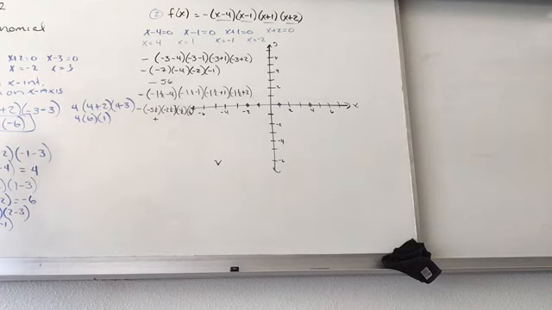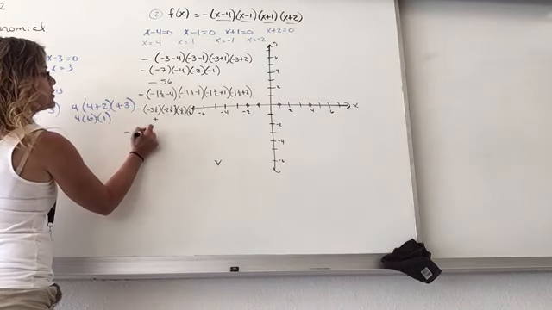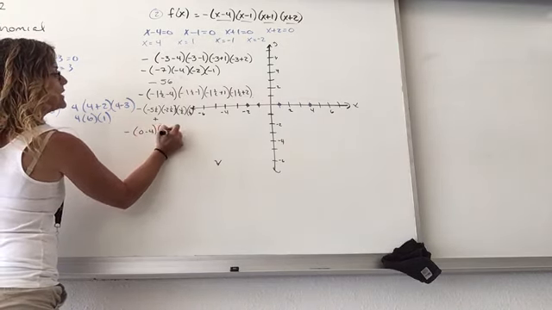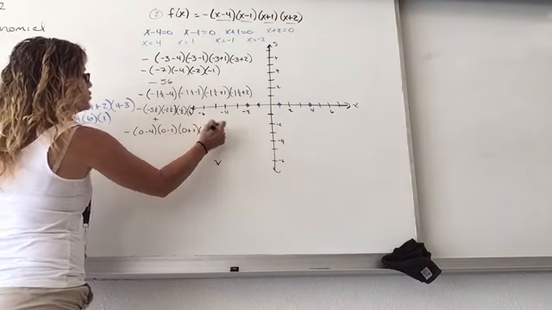Now, let's check between negative 1 and positive 1. Going between negative 1 and positive 1 is 0. So plugging in 0 here, I get negative times 0 minus 4, 0 minus 1, 0 plus 1, and 0 plus 2.